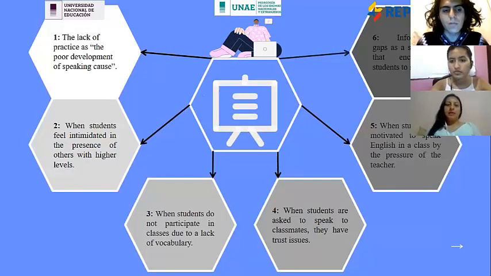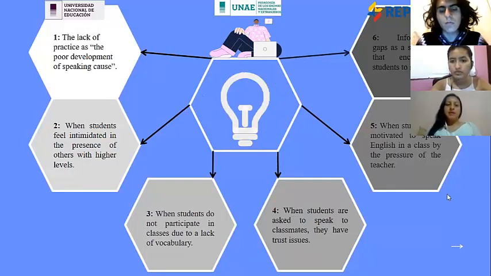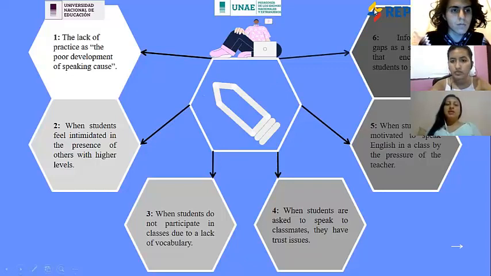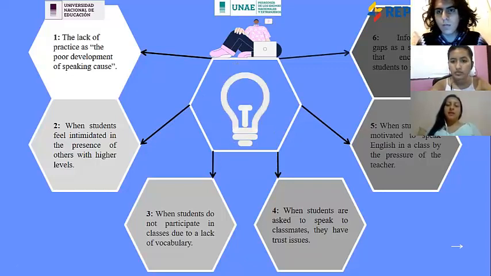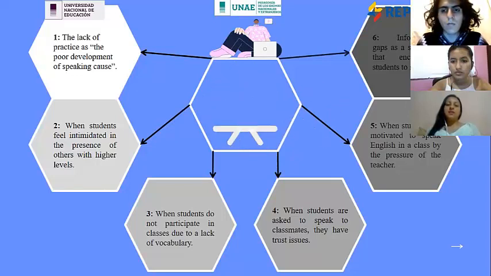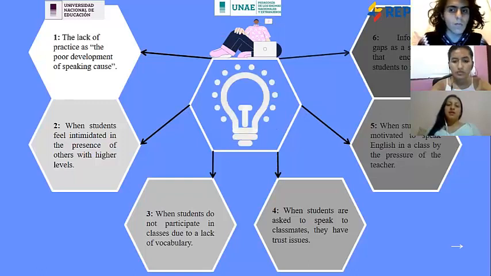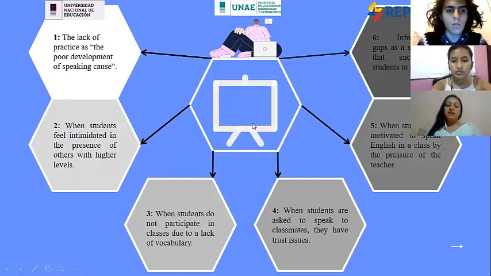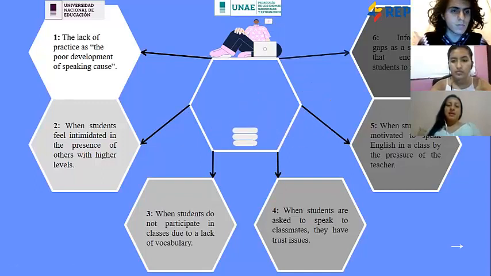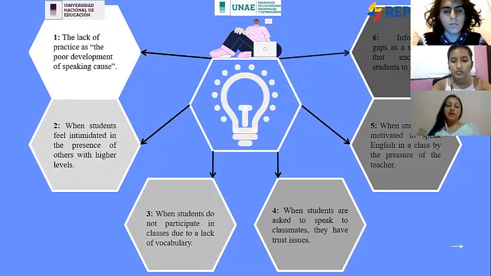Numbers 5 and 6 mean that students are encouraged to speak English in class when they find it useful or curious. It is necessary to obtain information through the language, which contributes to its rapid acquisition. This makes students feel pressured by the task, but they feel motivated to speak English.